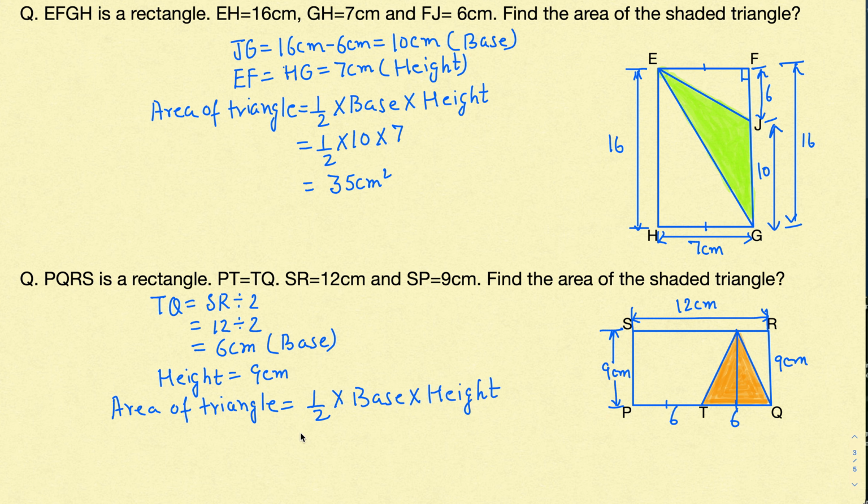Which here is equal to half times, what's my base? Base is 6 and then height is 9. So if you calculate it, it will be 27 cm square, right? So the shaded area of the triangle in this case is 27 cm square.